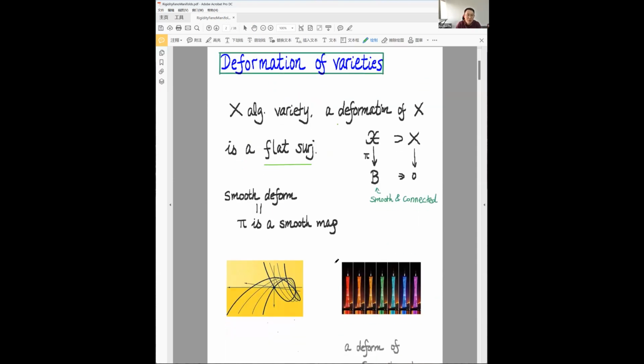And in my talk, I will only consider smooth deformations, which means every fiber is smooth.